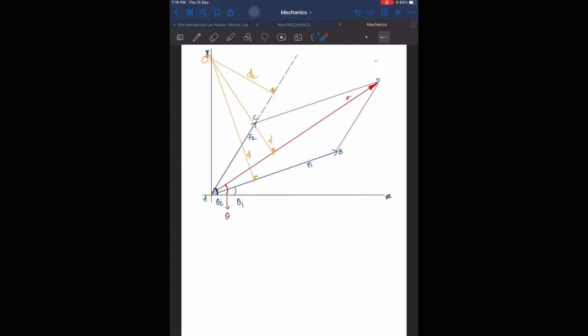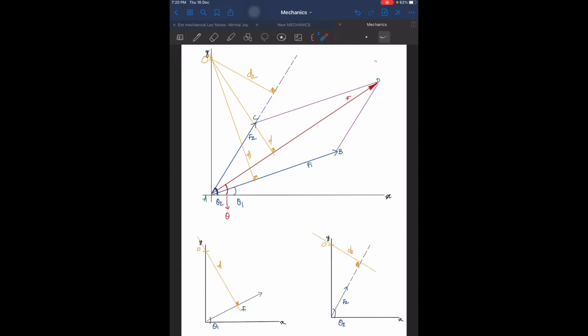So the moment of force AC about O will be F2 times D2, and the moment of the force AB having magnitude F1 about O will be F1 times D1. So D1 will be the arm of force, or lever arm, or moment arm. That will be the perpendicular distance.